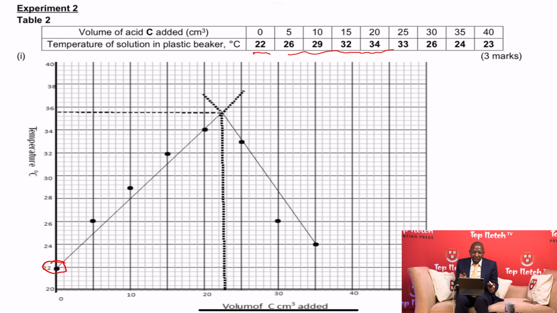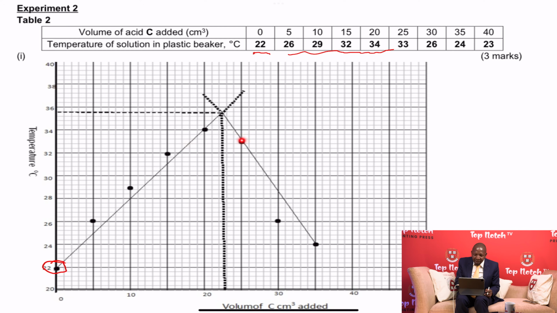Then any other point. Then we have the other line of best fit representing the temperature that is dropping. Assume a student picked these 2 plots here from the screen. Then they could have intersected here.